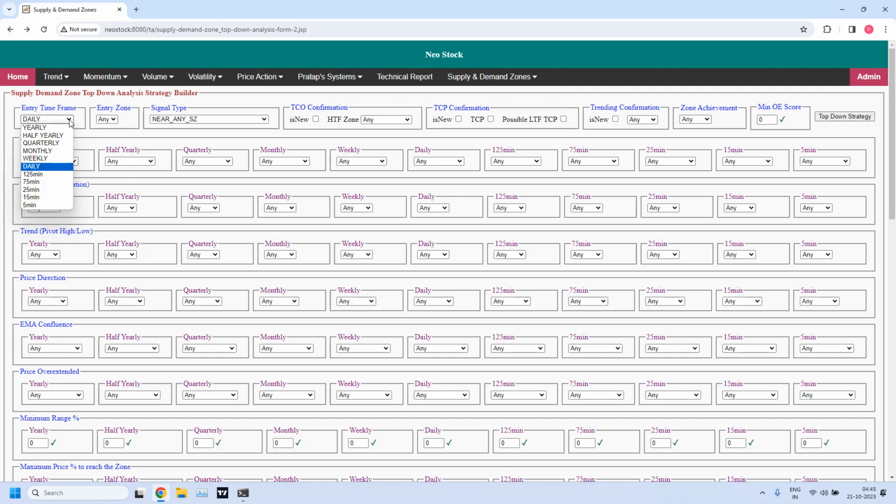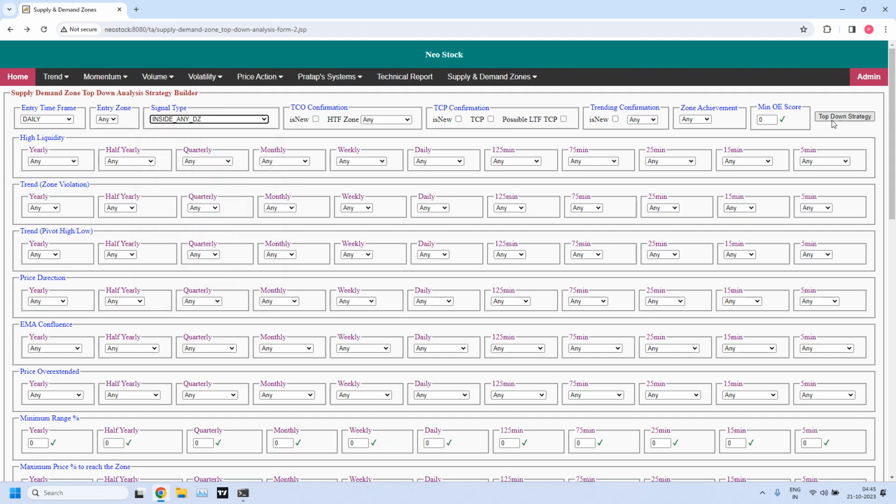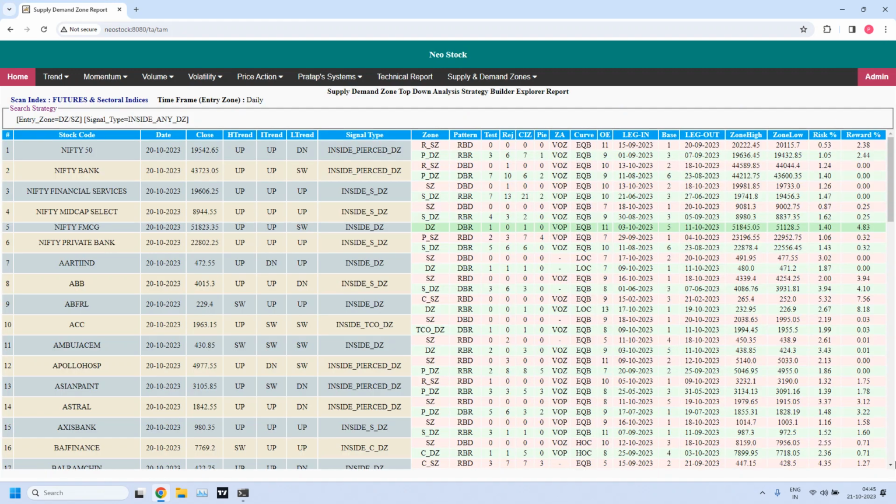For entry time frame daily, let us find the stocks where price closed inside the daily demand zone. So this is the filtered list. This time a good number of stocks closed inside the daily demand zone.